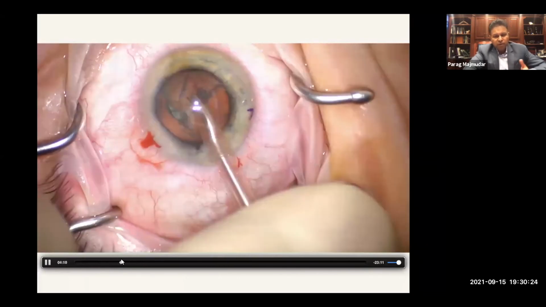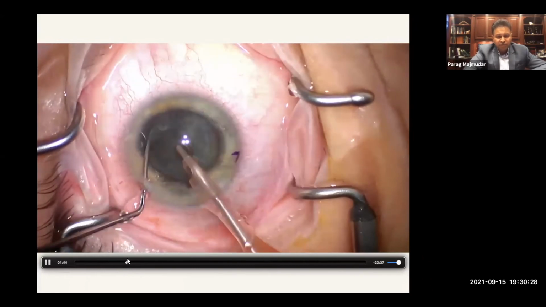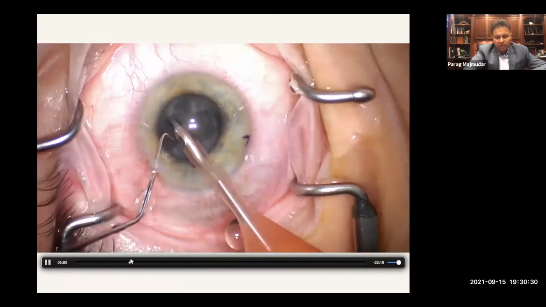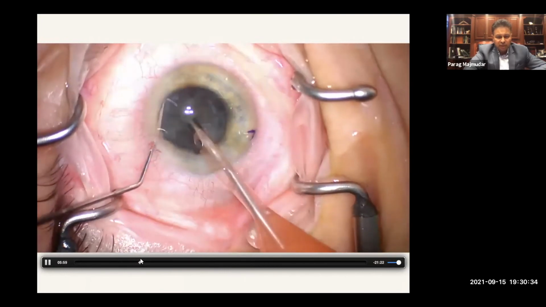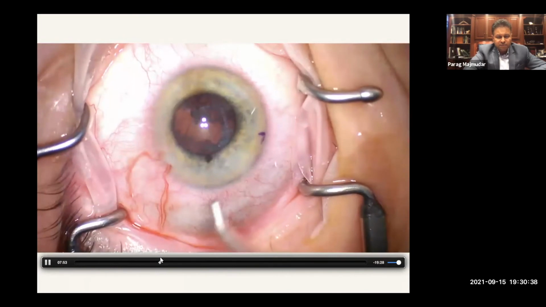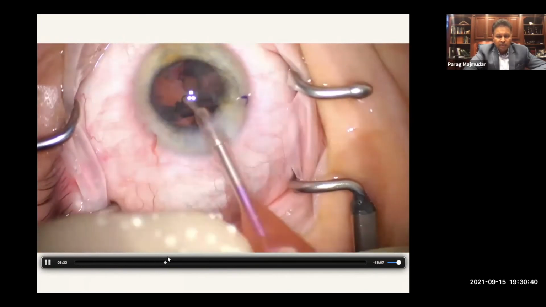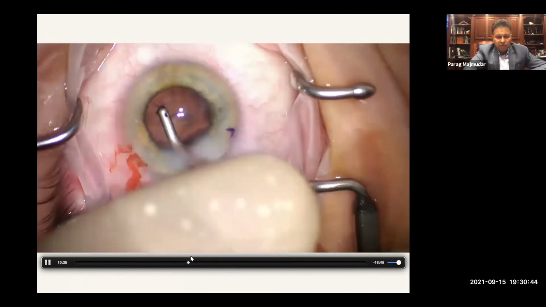I won't prolapse the nucleus into the anterior chamber, but you could in this case. You definitely could, because you don't really care about the endothelium as you're going to be replacing it very shortly. And so here we're getting the cataract out, and then I'm removing the cortex.